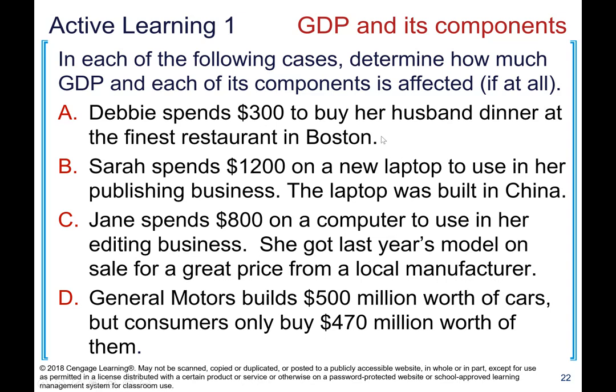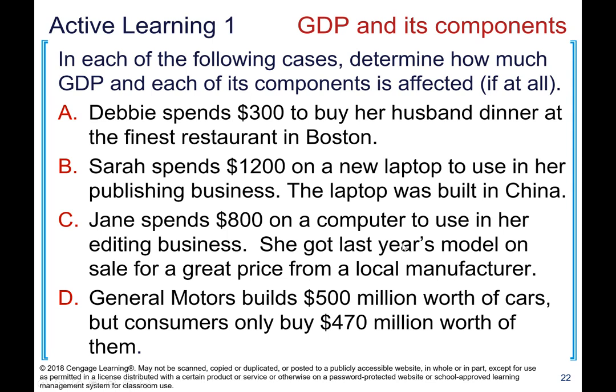Active learning. In each of the following cases, determine how much GDP and each of its components is affected, if at all. Number A, Debbie spends $300 to buy her husband dinner at the finest restaurant in Boston. Number B, Sarah spends $1,200 on a new laptop to use in her publishing business. The laptop was built in China. Number C, Jane spends $800 on a computer to use in her editing business.